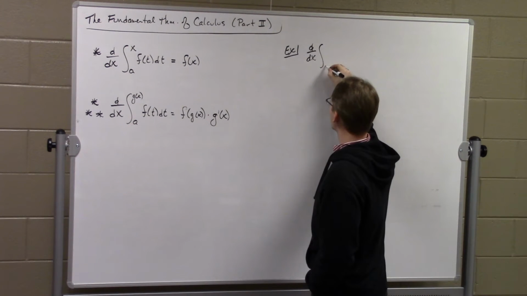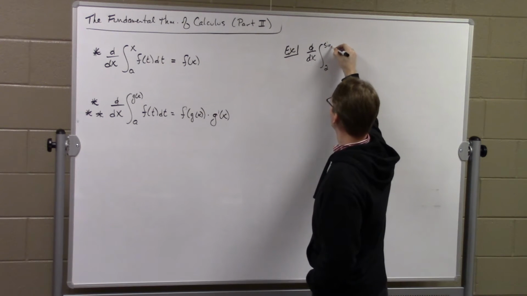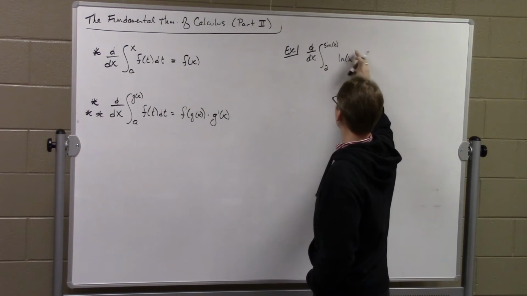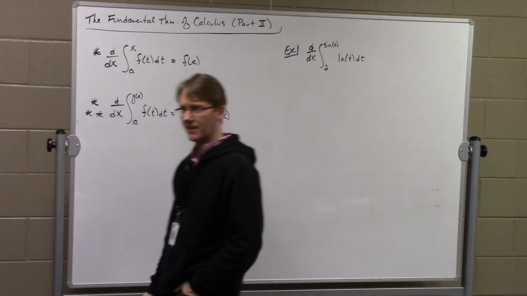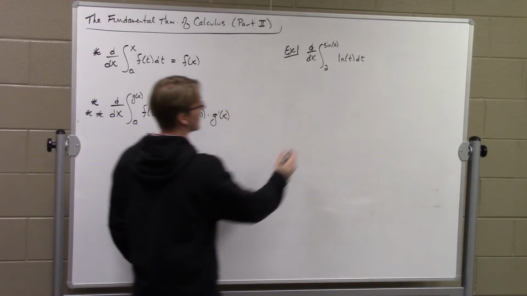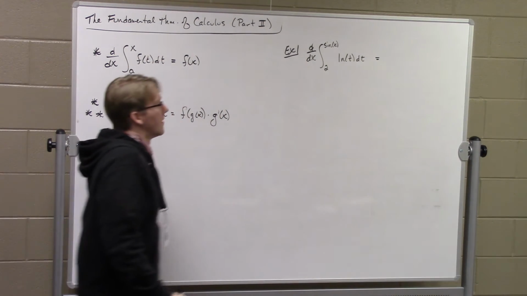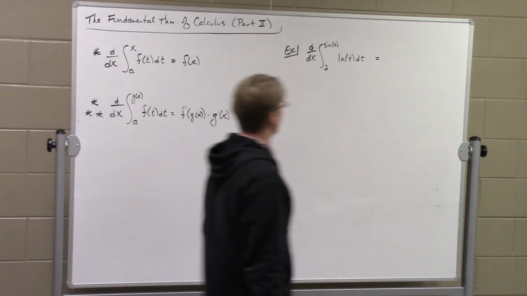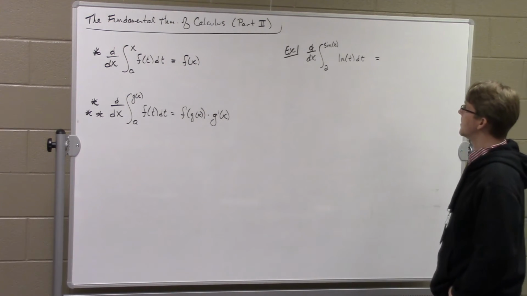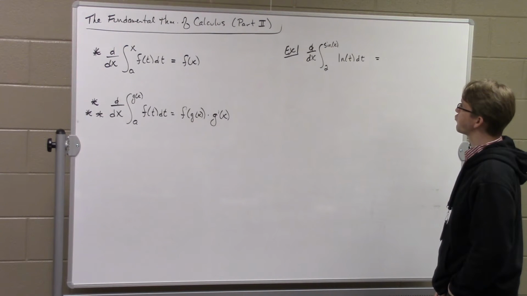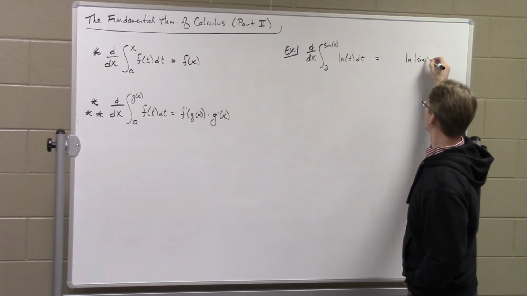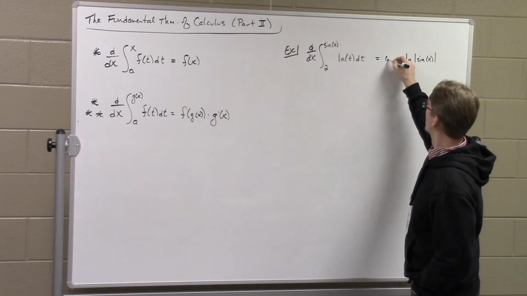Let's go from 2 to sine of x of, I like this one, natural log of t. Oh no, he didn't. But he did. So, natural log of sine of x times cosine x.